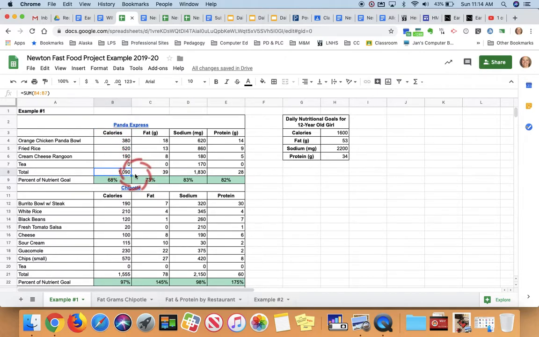Okay, and then you could have used autofill to go across. So I will check each one to make sure you are adding up the correct cells across here. And I'll check that for each restaurant. So make sure that you have your range correct for your total line all the way around.